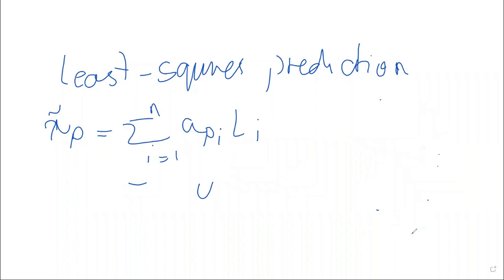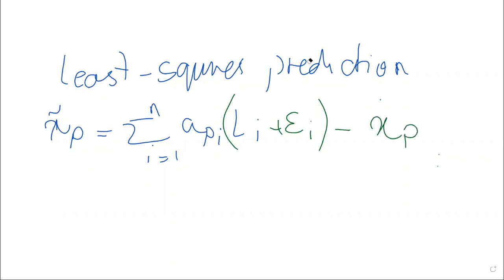Let us assume that this measurement L has the random error, I would say, epsilon i. If I subtract the true value of x_p from it, then I will get the mean square of something like that.